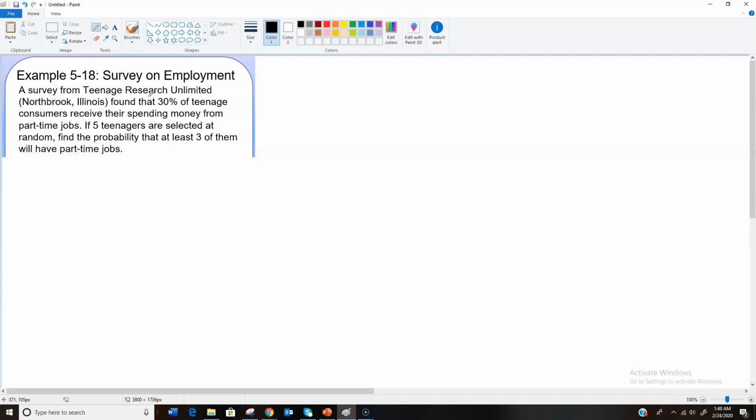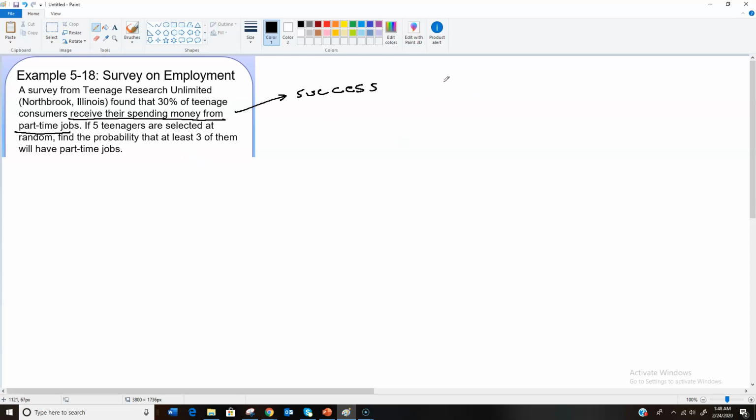We don't know, but 30% from jobs, 70% not from jobs. So receiving their spending money from a job, that's your success. Those are the students that you're looking for, are the ones that receive their spending money from their part-time jobs.